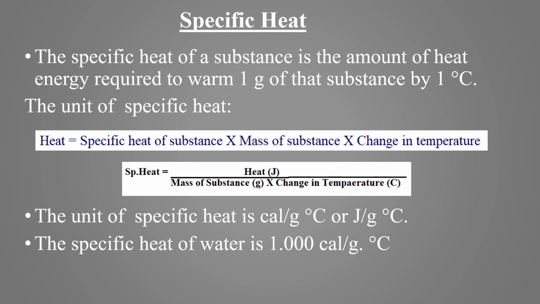The unit of specific heat will come out as joules per gram per degree Celsius, or if we are measuring heat in calorie, then it will come out as calorie per gram per degree Celsius. Also something good for you to remember is, like the density of water is 1.000 grams per mL, the specific heat of water is 1.000 calorie per gram per degree Celsius. So this is something that is good to memorize.